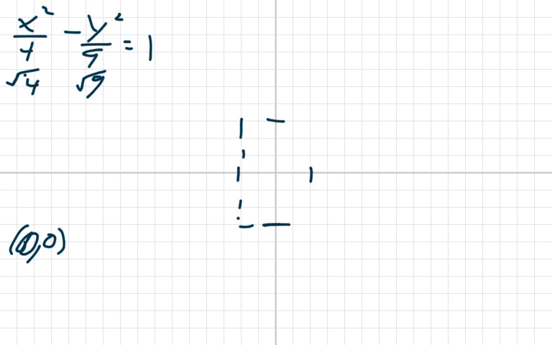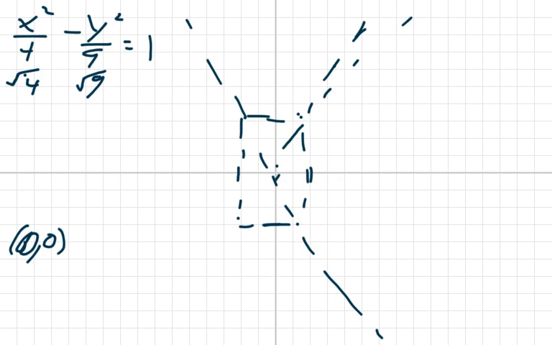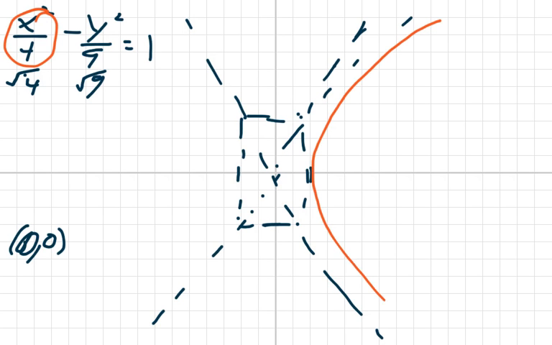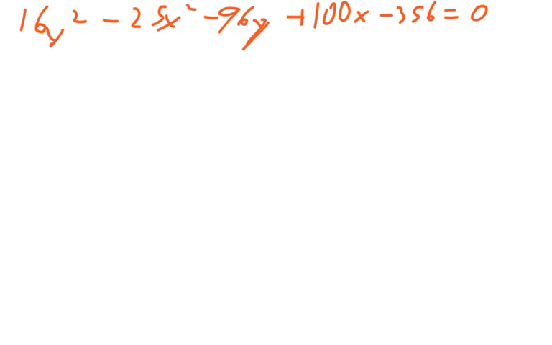Now for a hyperbola, we're going to draw the little box, and we're going to draw the little diagonals. And then the last thing I need to do is graph it, because the x squared comes first. This is a horizontal one, so it comes in and out like that, comes in and out like that, and that should be the point where it hits.